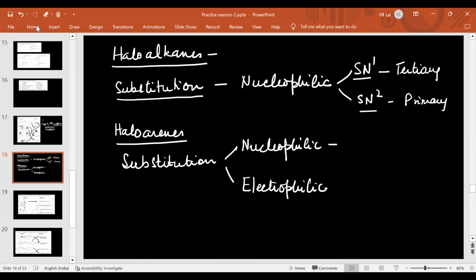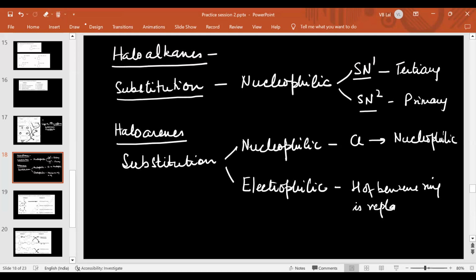So if the halogen atom is being replaced, then it is nucleophilic. Cl is replaced by a nucleophile. Then it is nucleophilic substitution. But on the benzene ring, if the hydrogen of the benzene ring is being replaced, so something is getting attached to the benzene ring, then it is electrophilic substitution.